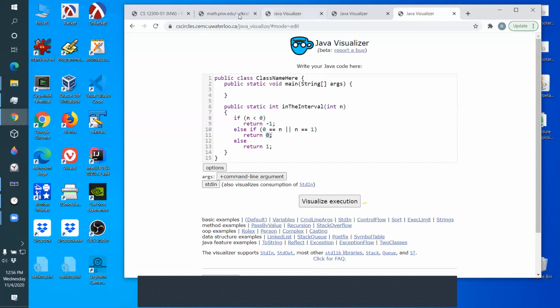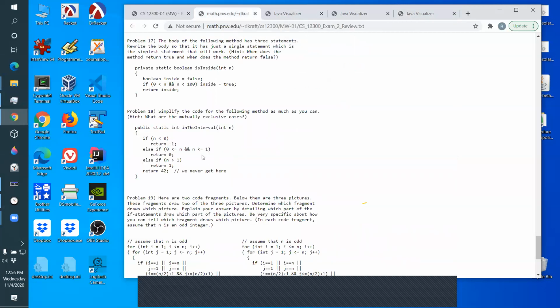Okay, now how do you do a problem like that? By, in your mind, stepping through the code and asking, when does that happen? When does that happen? When does that happen? And keeping track of the accumulated conditions.